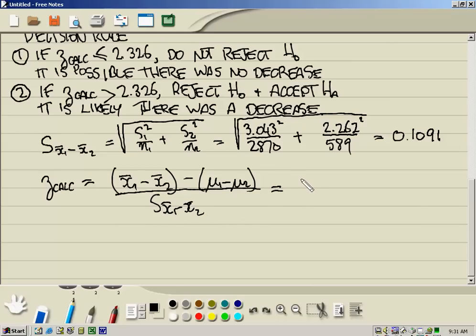Alright, the sample difference, 3.315 for x bar 1 minus 2.849 for x bar 2 minus the hypothesized difference, which is always 0, divided by the standard deviation, which we just worked out, 0.1091. And again, let's go to Excel and figure that out.